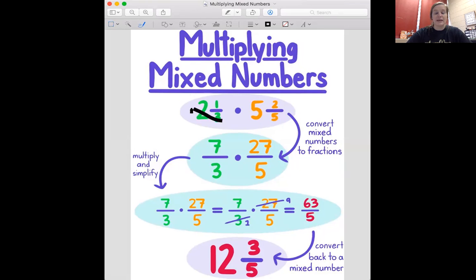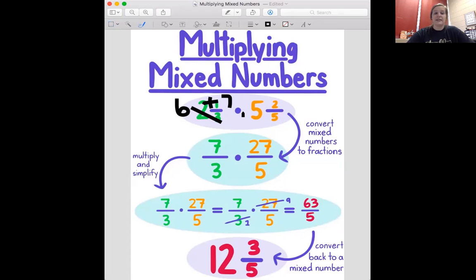I always draw my line up so I know I'm multiplying 3 times 2, and then I'm going to add 1. 3 times 2 is 6 plus 1 equals 7. So that means that my numerator is going to be 7 and my denominator stays the same, so it will stay 3. If you look right here, we have 7/3.